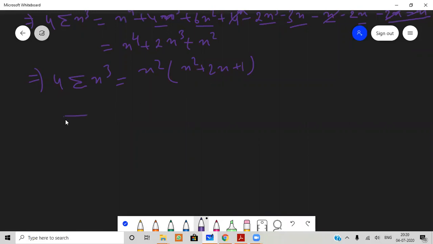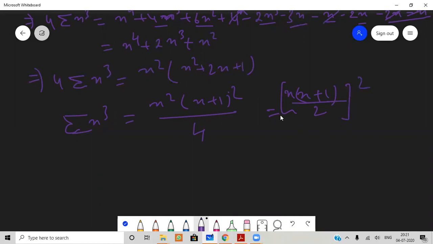So sigma n cube, I can send this 4 on the right hand side. It goes in division, means this is n square into n plus 1 square by 4, which is same as n into n plus 1 by 2 whole square. That's what we said, sigma n cube.